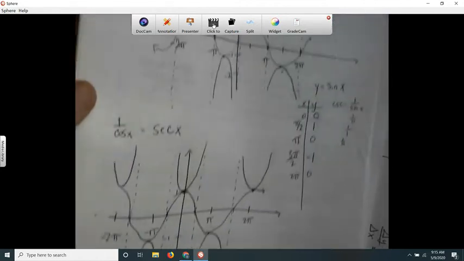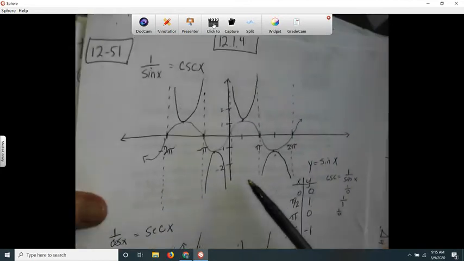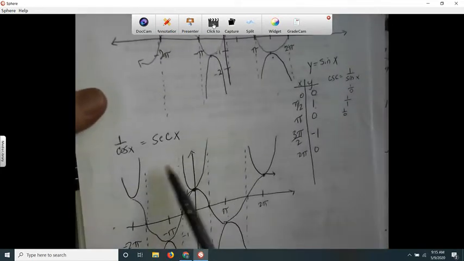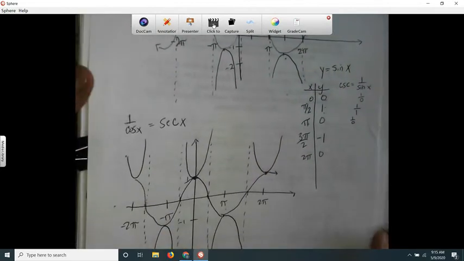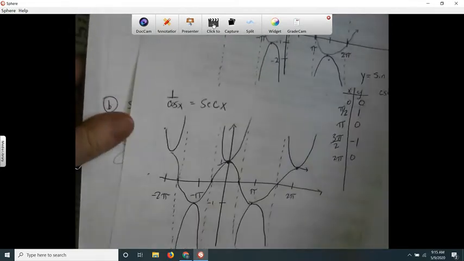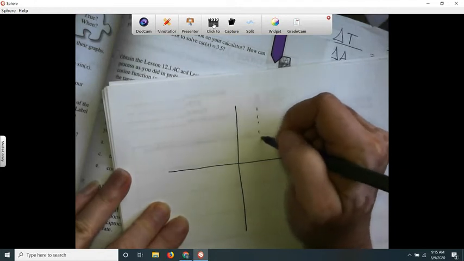So they're just U-shapes. That's for the reciprocal of sine, which is cosecant, and the reciprocal of cosine, which is secant. Now, there's also a reciprocal of tangent. I'm going to do that one real quick.